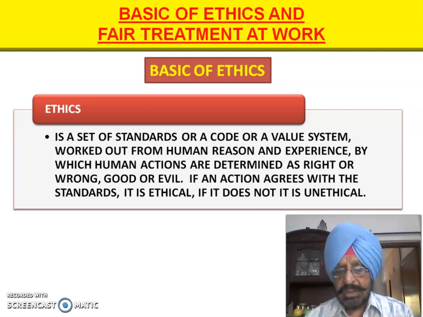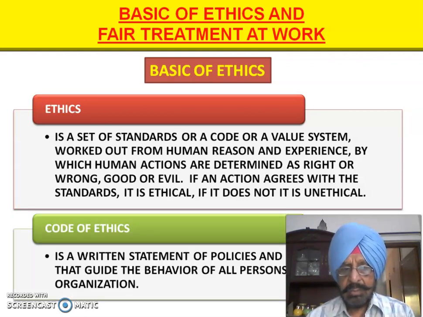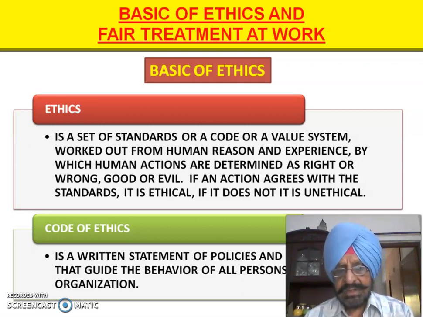What is a code? So let us see codes of ethics. It is a written statement of policies and principles that guide the behavior of all persons in an organization. So, a code of ethics basically covers do's and don'ts, what is expected behavior.